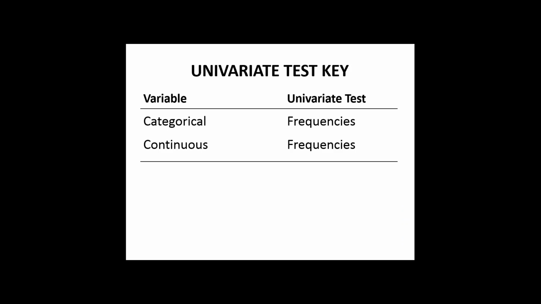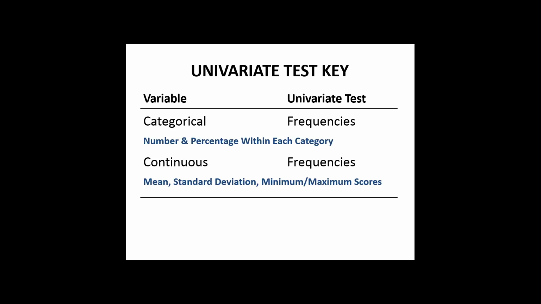So it's rather short. On the left, we have the variables, either categorical or continuous. Remember variable structure, categorical, continuous. Then on the right, the univariate test to use would be the frequency analysis for each of those.